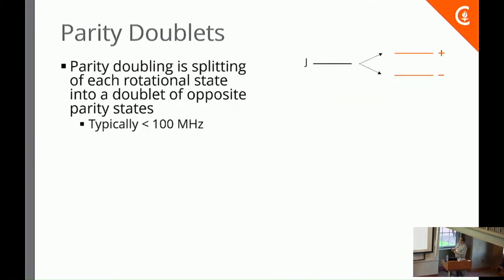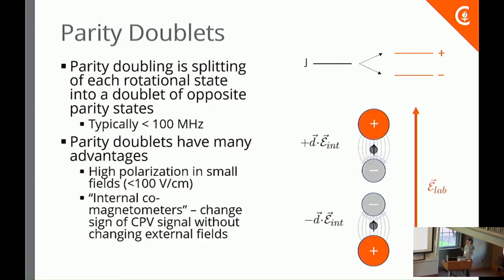If you don't know about parity doublets, that simply means that you have a structure where each rotational level is split into a closely spaced doublet of opposite parity. Closely spaced meaning they're typically below like 100 megahertz, sometimes much smaller than that. And they have a lot of advantages, both in general, but for these experiments in particular.